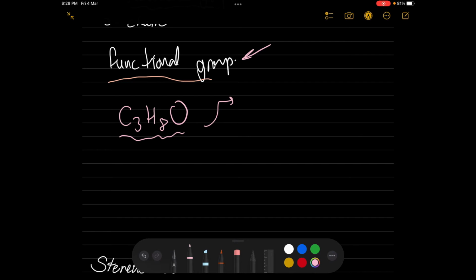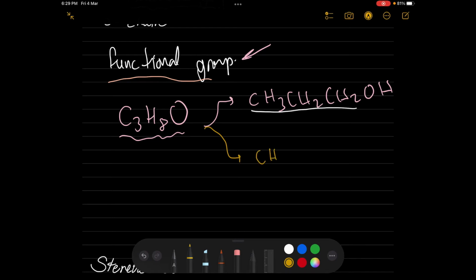We could have a functional group of alcohol like CH3, CH2, CH2OH, which is propanol. We also could have a functional group called ether, which indicates the presence of oxygen between the alkyl groups, like CH3, O, CH2, CH3.